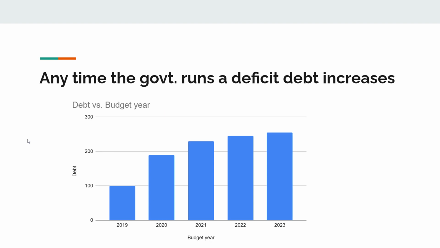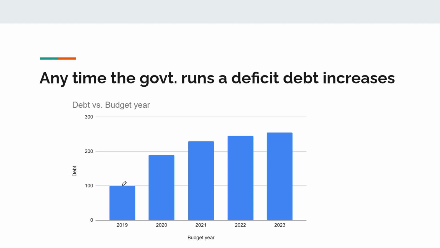All right, well, if any of you said that the level of government debt is decreasing, you would be wrong, because any time the government runs a deficit, doesn't matter how big or small it is, the total stock of government debt will increase, because every time they run a deficit, they have to sell an equal amount of bonds to finance that deficit.